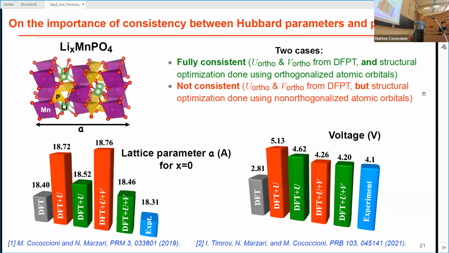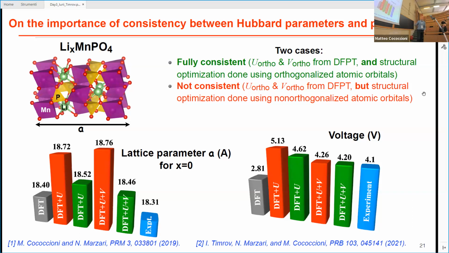So in green, I highlight the correct way to proceed. You are consistent, use U and V computed with orthoatomic orbitals, and then you run calculations with the same type of projectors, and you obtain voltages. So I take the example of batteries and voltages, following Matteo. So you see, if you use U and V consistently with the same type of projectors, you are close to experiments.